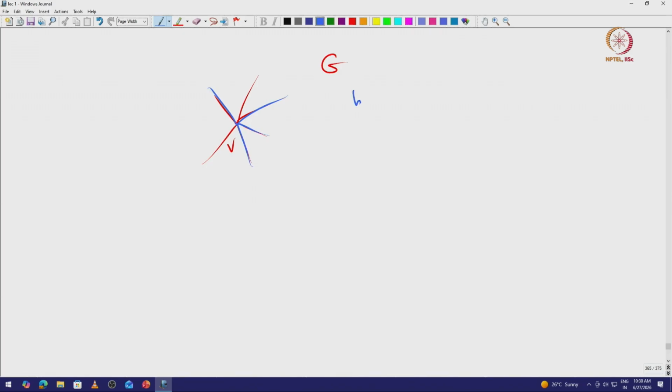So, the blue edges are from C. So, then we just removed it. Then whatever red edges remain in G minus E of C must be even in number. We have an even number of edges and we are removing an even number of edges, so the remaining edges must be even.